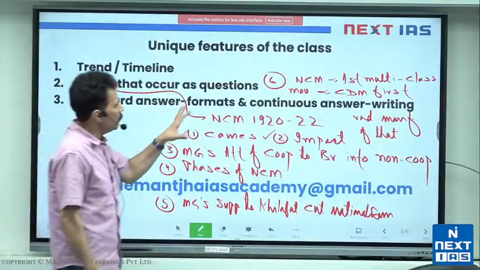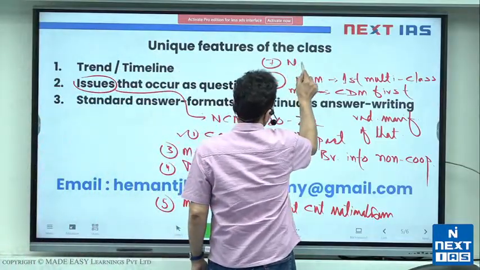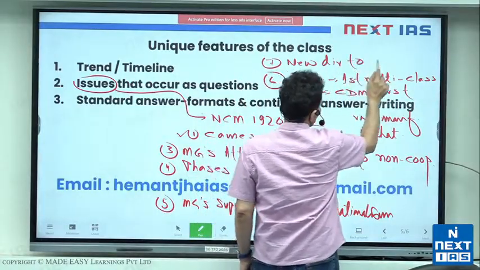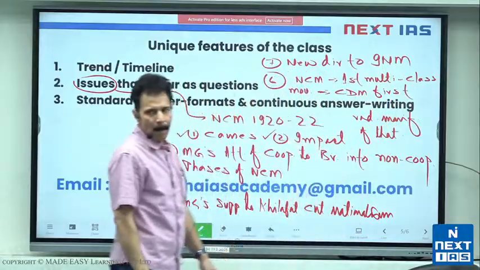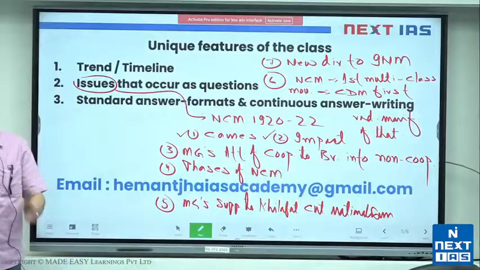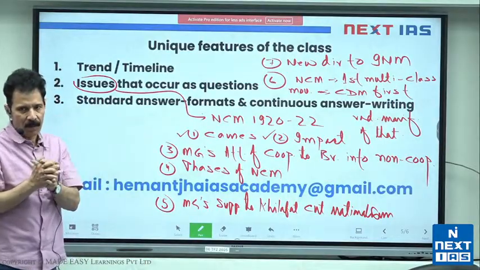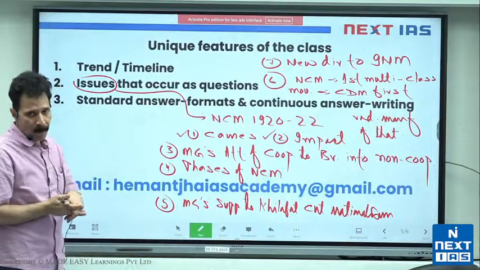This will also come under this kind of issue. Do you think NCM gave a new direction to the Indian national movement? How did NCM give a new direction to the Indian national movement? This means what was the old direction and what was the new?